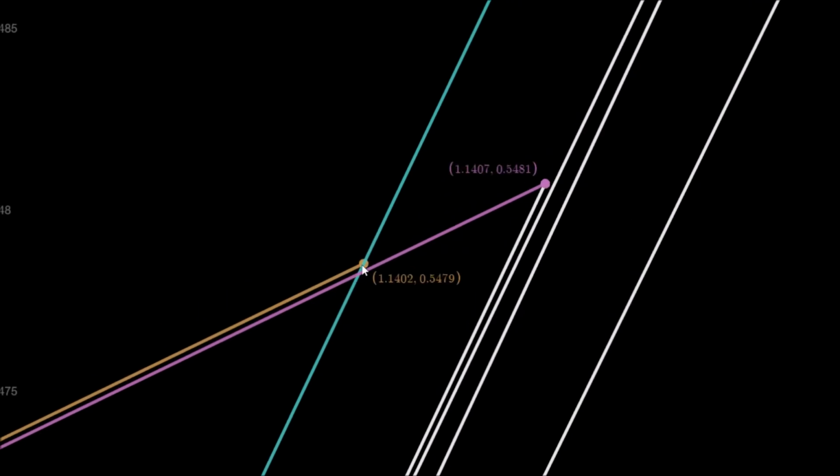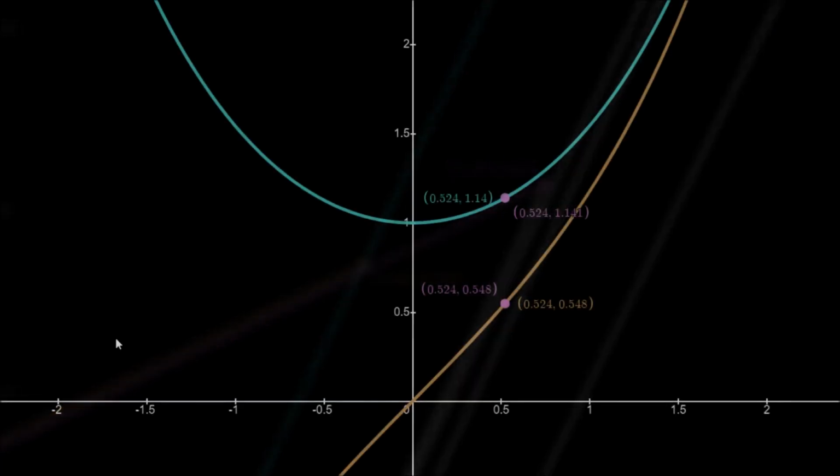Now you can see that the actual value for the cosh is 1.1402, but our approximation is 1.1407. And the actual value for the sinh is 0.5479, but our approximation is 0.5481. Let's plot these values and see them on the actual sinh and cosh curves.